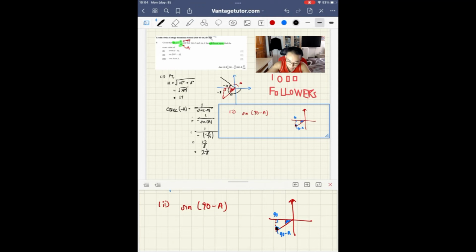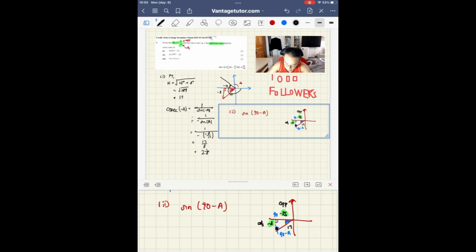That means now, my dimensions remain the same, so it's still negative 15, negative 8, and this is 17. Now my negative 15 is actually my opposite, whereas my negative 8 is now my adjacent.